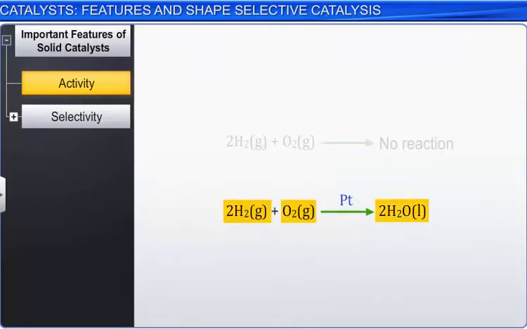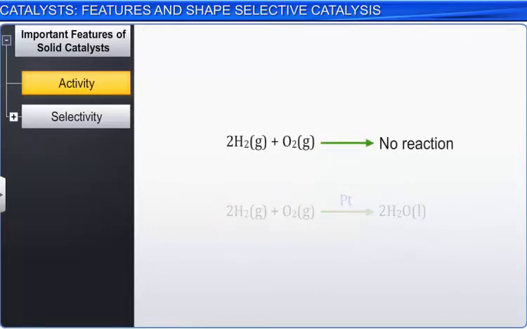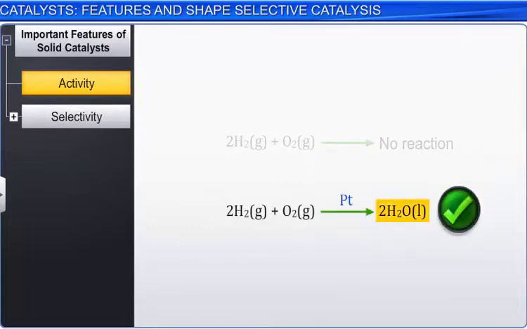In the absence of any catalyst, hydrogen and oxygen do not combine, and therefore can be stored for an indefinite period. However, in the presence of platinum as a catalyst, they react rapidly to form water. Thus, the activity of a catalyst depends upon the extent of chemisorption.